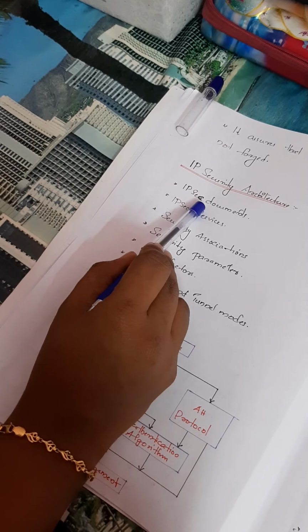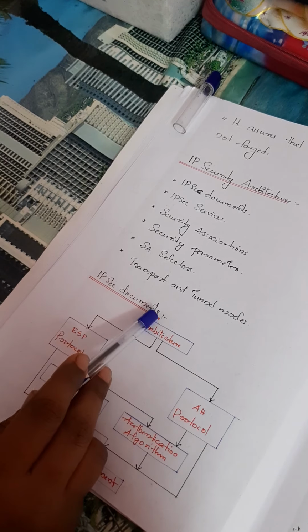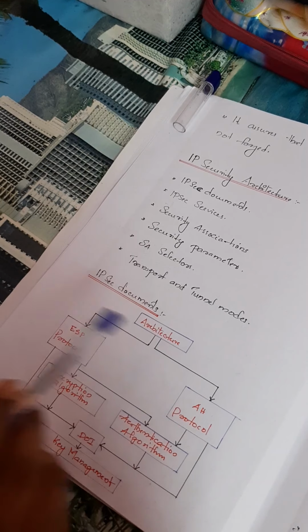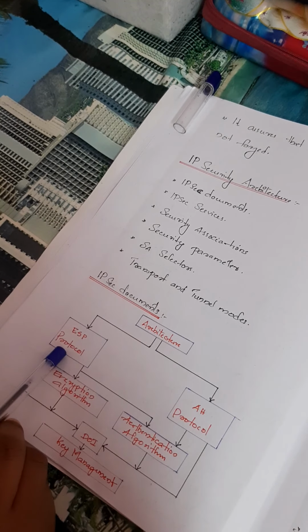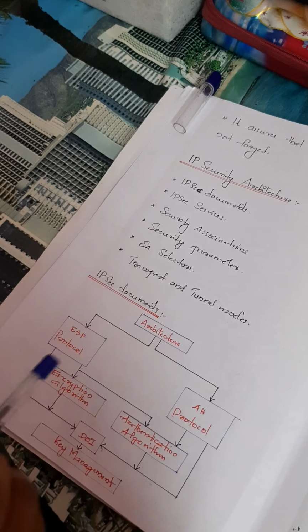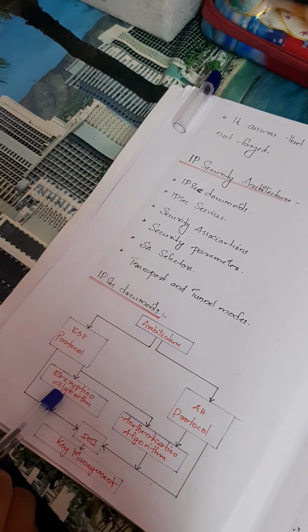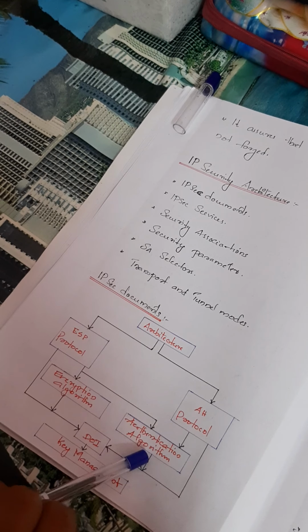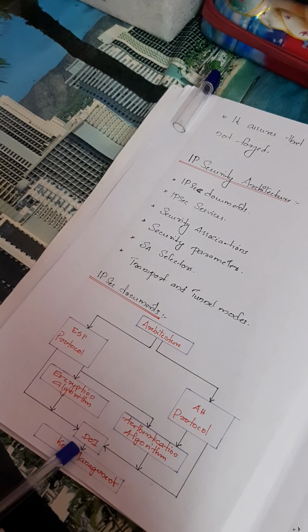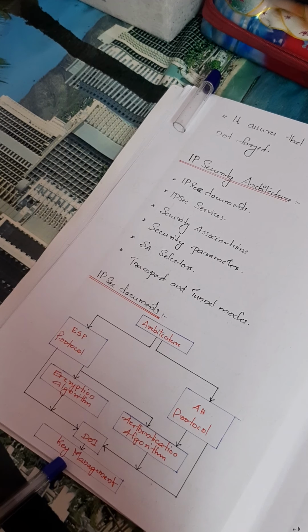First one is the IP security document. In this IP security document, it consists of 7 parts. First one, architecture, ESP protocol, AH protocol, encryption algorithm, that means confidentiality, then authentication algorithm, DOI, domain of interpretation, and key management.